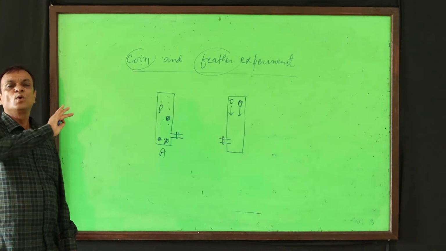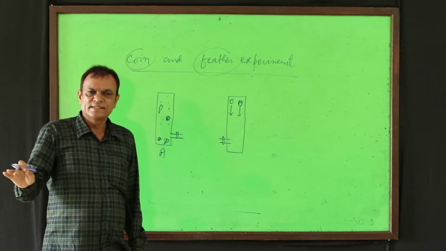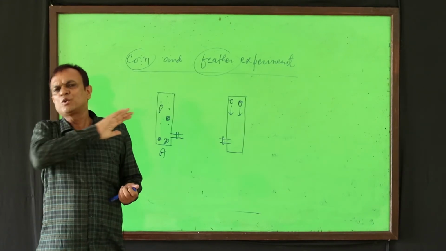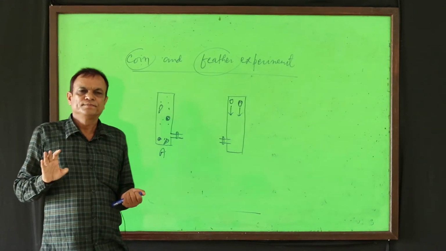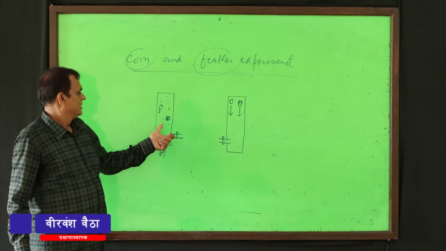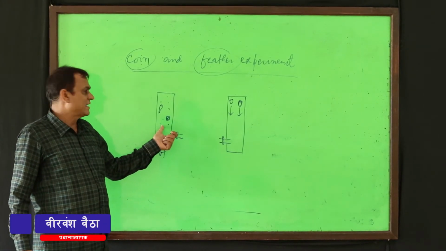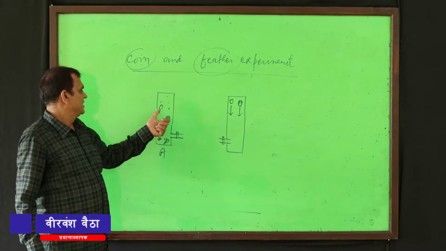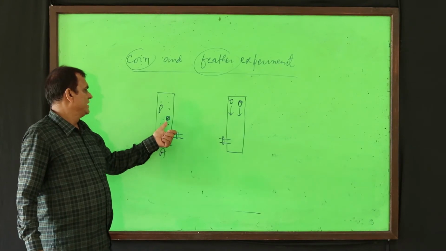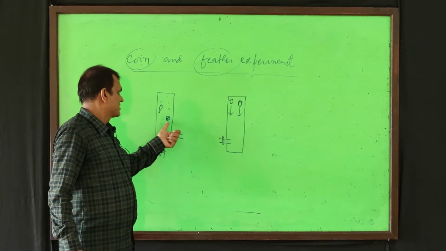If there is no type of resistance, at that time acceleration due to gravity is equal for all bodies. In this condition, it is filled with air, air resists the feather, so the feather comes slowly, but the coin comes faster.